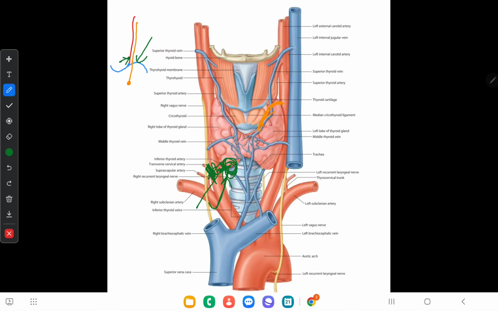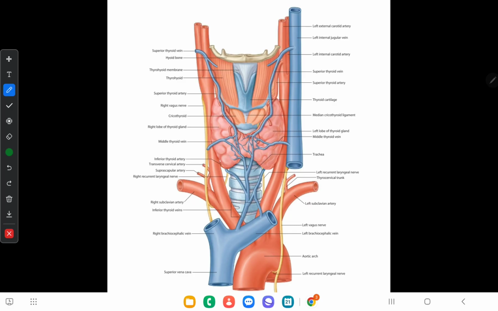That means from these two points you have to remember: at the superior pole you have to ligate the superior thyroid artery closer to the gland, and you have to ligate the inferior thyroid artery some distance away from the gland. Those two are the points that you have to remember. The important relations with the arterial supply are the nerves, because the nerves come with these arteries.